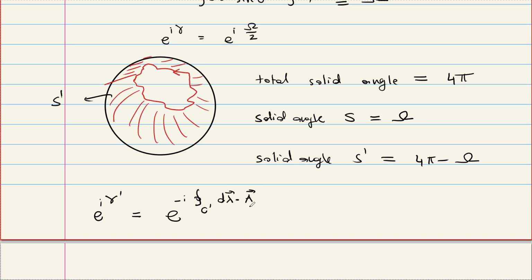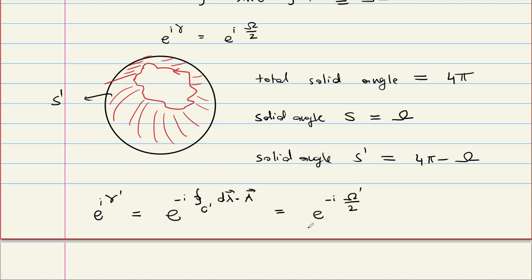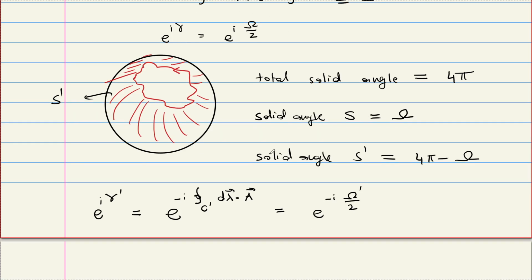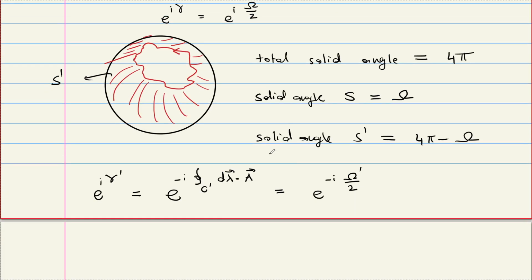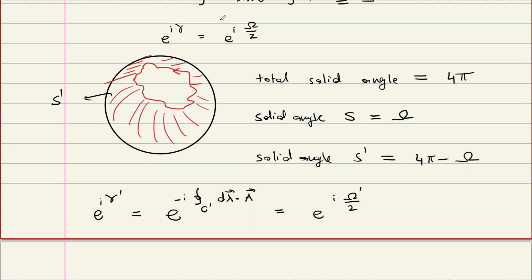We did it and we found it to be e to the minus I omega prime over 2. I just copy this result. This is plus now. Based on this identity, I just copy, omega prime is going to give us gamma prime.